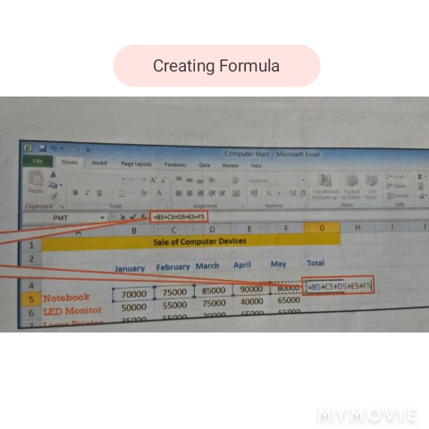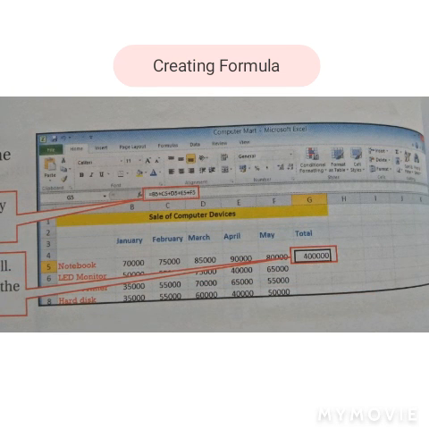Then when we press enter, it displays the total value of the amount. Now you can see in the given picture that the formula bar displays any formula assigned to the active cell, and formula results appear in the cell. To view the formula, simply click the cell.